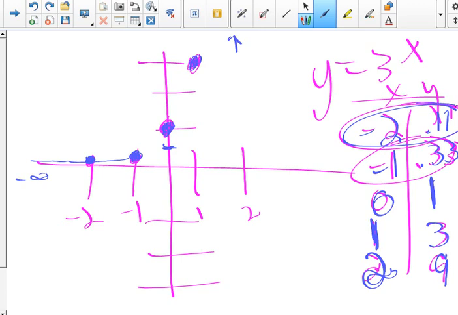But for right now, we're just going to know that it never crosses or touches that x-axis, and it's going to grow slow, slow, slow, and as it goes to the right, it's going to grow very rapidly up. It would be more like that. Okay. Now I'm just freehanding that, but it's going to do something like that. Okay. Any questions?